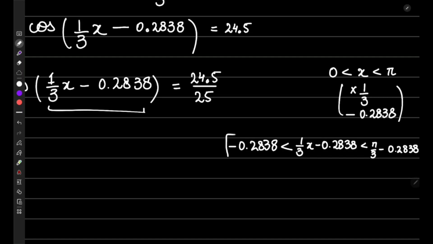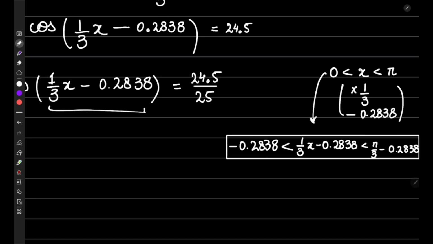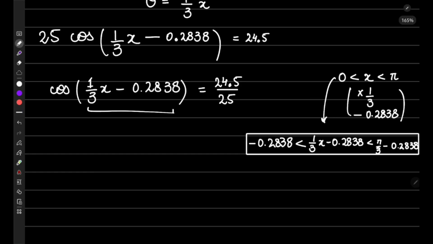Okay, this is how your range is transformed from this to this. Now you can also write it in decimal form, so this will become 0.7634. Okay, the rest is as it is.